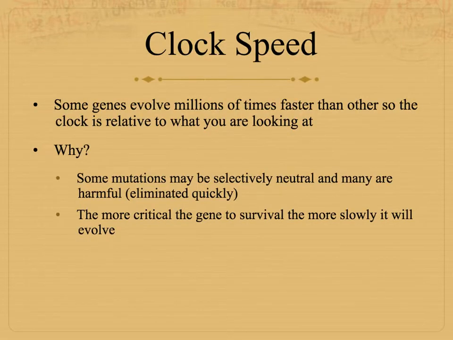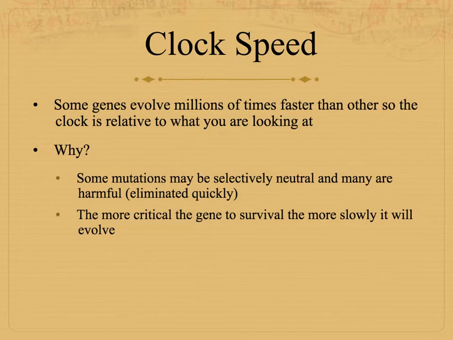There are genes that evolve more slowly or more quickly than others, and some genes evolve millions of times faster than other ones. So we have to remember, like with everything else we've talked about, it's all relative to what we're actually looking at. Okay? Some mutations can be selectively neutral, but many are harmful and they're eliminated quickly.